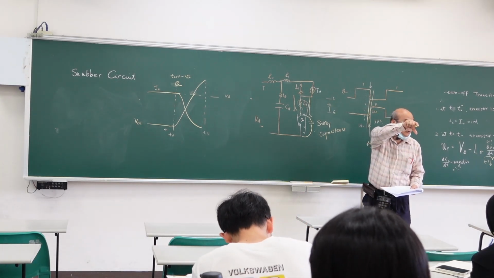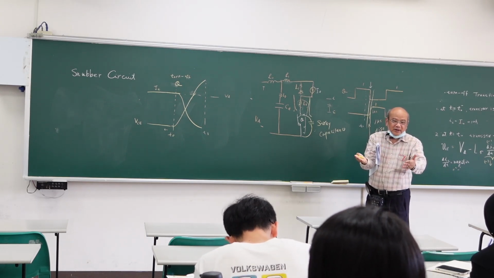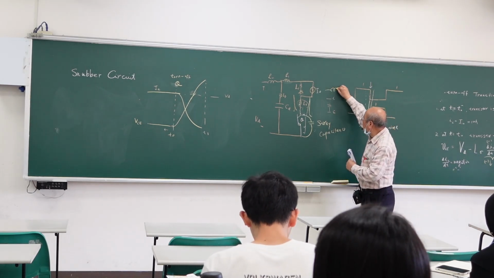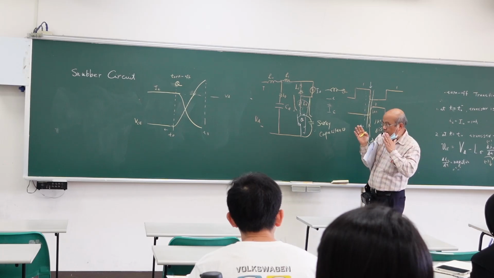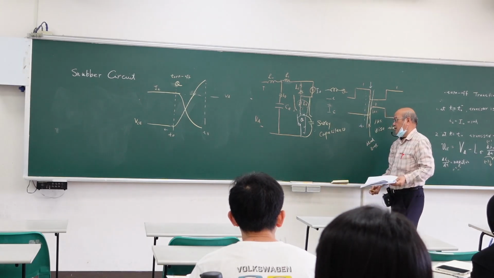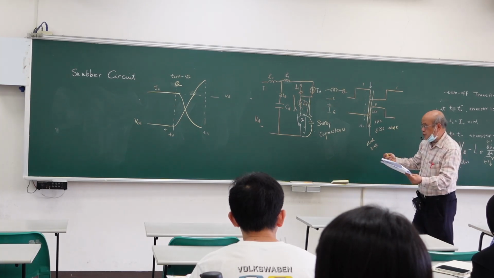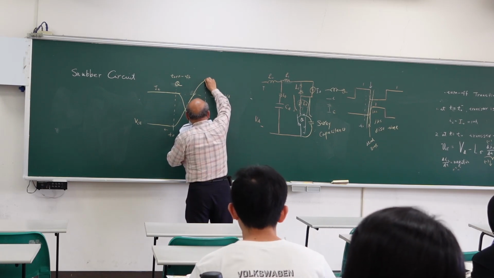Because if you have 2 lines in parallel, then what happens? Capacitor. If you have 1 line, then what happens? Stray inductance. If you have 2 lines, then capacitance. So you have a stray capacitor, then what? Oscillation. So this one starts oscillation.